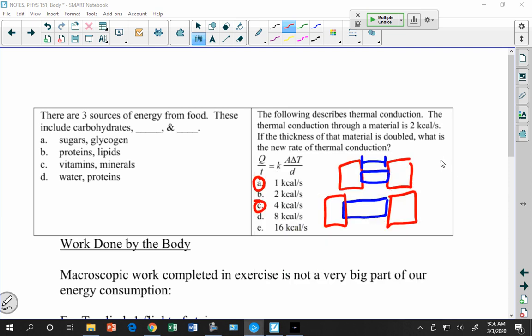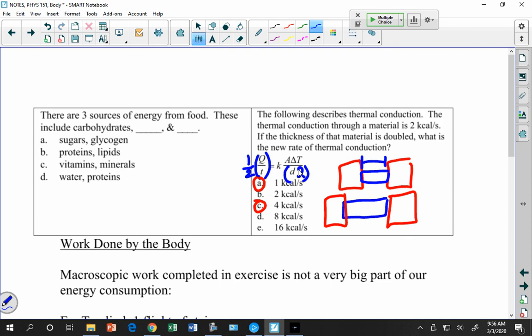Okay? Now, we can look at this mathematically, and that's really the way you should approach it. You can approach it just thinking about the situation, and that's great. But if I double the length of the material, or the thickness I call it here, then that means I'm going to halve this side. Because I have a half on the right-hand side of the equation, this is in the denominator, and so I have a 2 in the denominator over here, which is the same as multiplied by half.